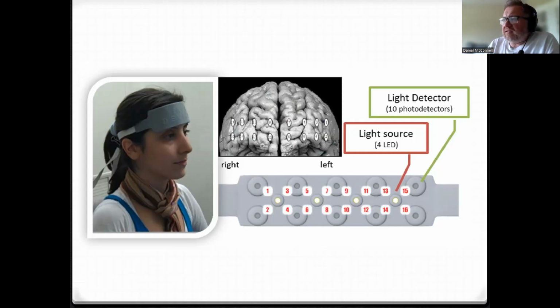Here's a fairly simple version of fNIRS. Nowadays, there are newer fNIRS devices that look a lot more like an EEG cap, but in this case, it's just a strap around the forehead. Embedded into that strap around this woman's forehead would be light emitting diodes that are shooting near infrared light into her prefrontal cortex.